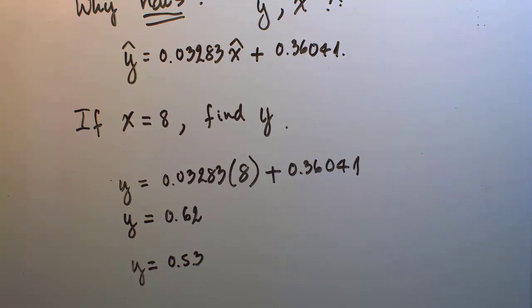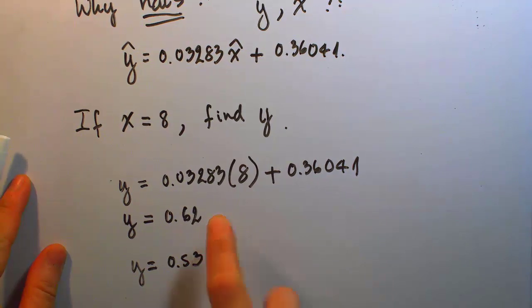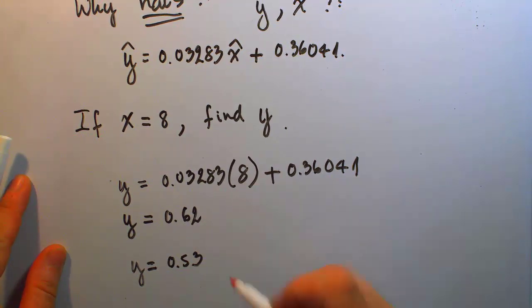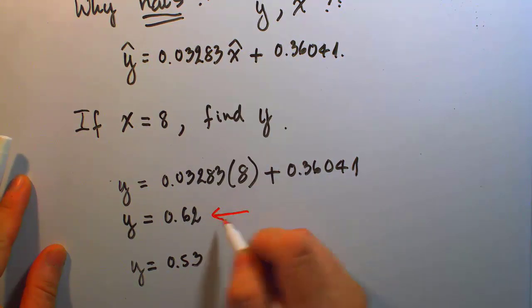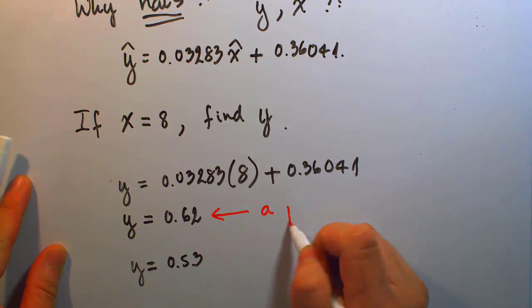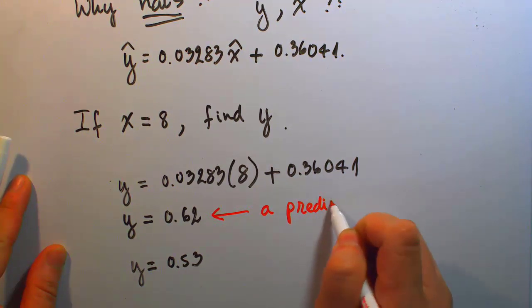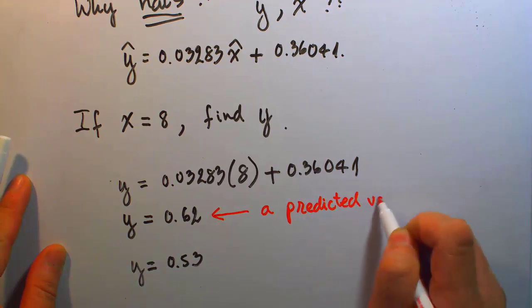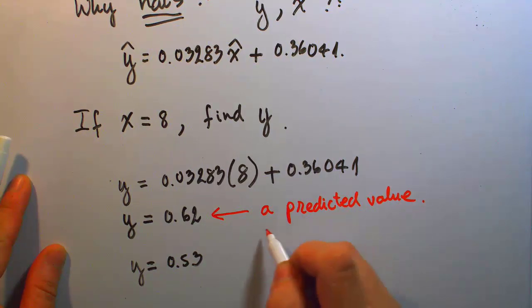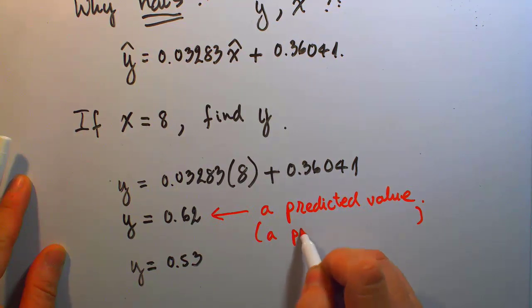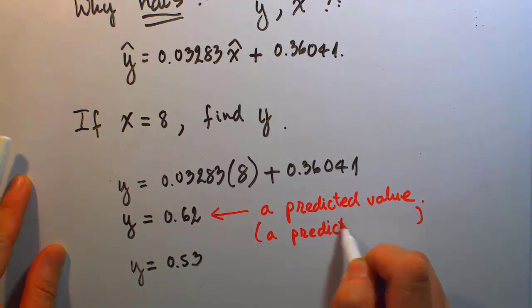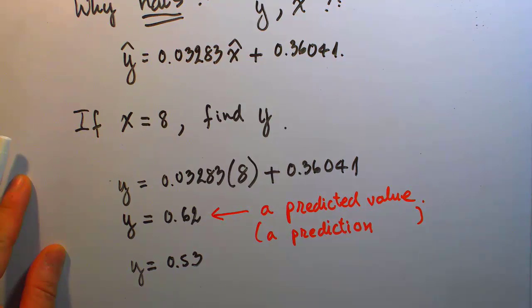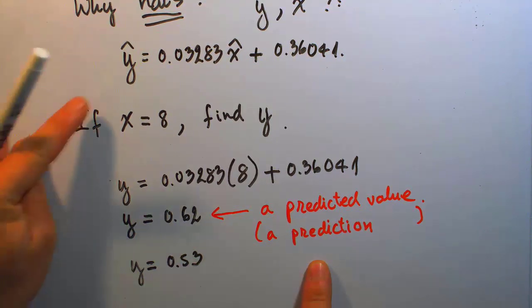The answer that came out by using the equation will permanently remain as a prediction. It's a predicted value, or for short, a prediction. And that also, ladies and gentlemen, mentions the purpose for coming up with the best fit line equation.